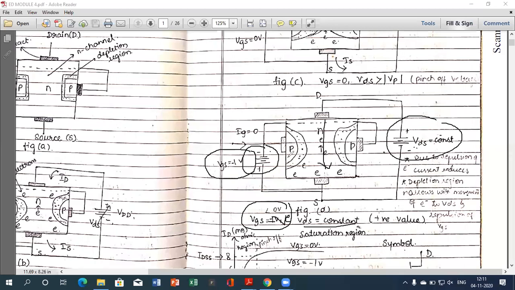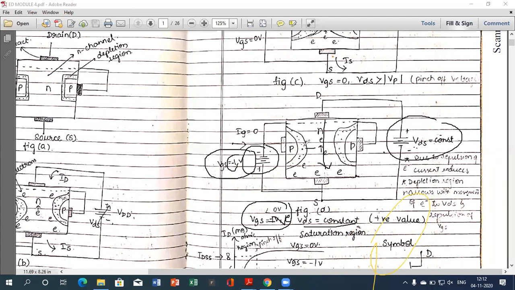For a particular value of VGS like minus 1 volt, this P terminal gets a negative value, and this negative value attracts the electrons towards the P-type material. So the electrons in the channel start being attracted towards the P-type material.